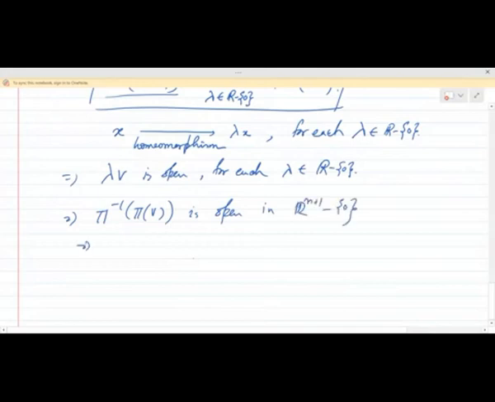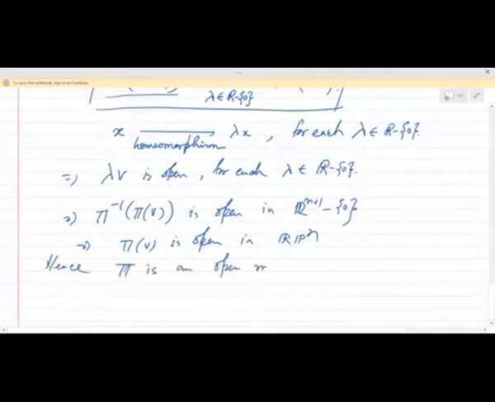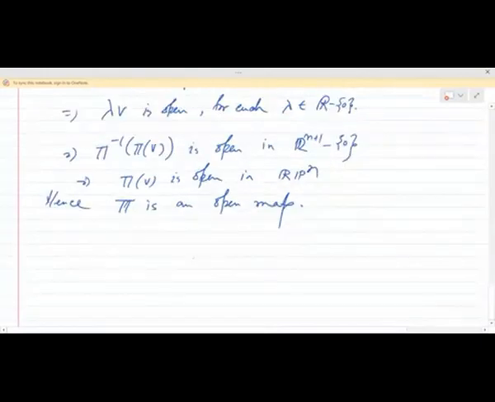By the definition of quotient topology, pi V is open in RPN, and hence pi is an open map. So the natural projection is an open map.